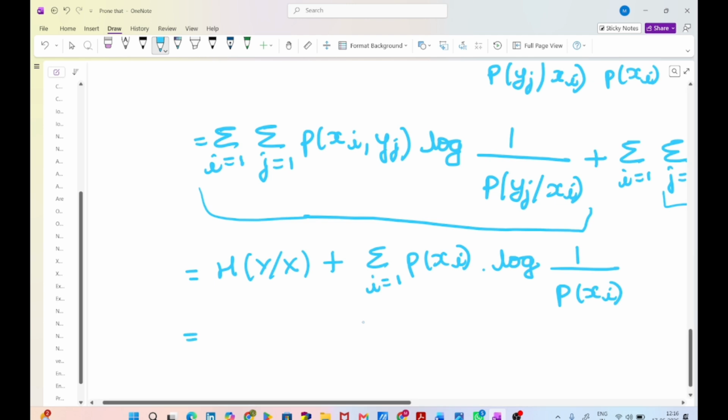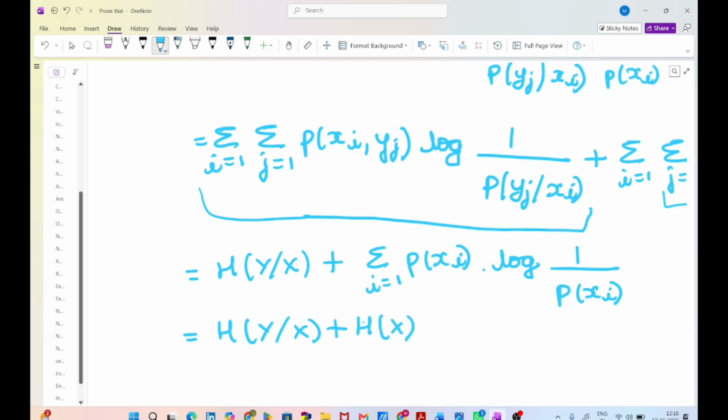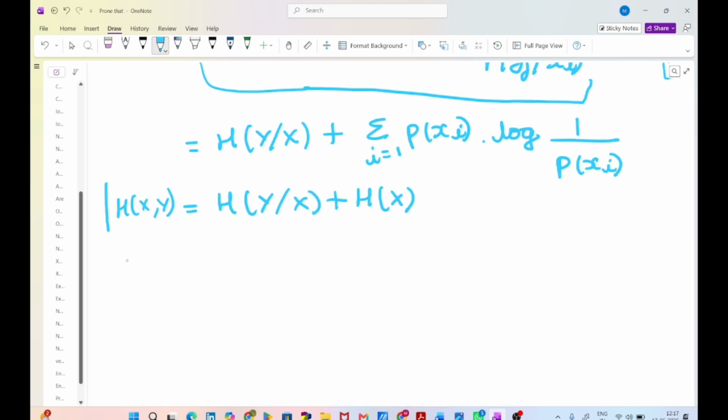Let it be H(Y|X). We know that this can be written as H(X). So H(X,Y) = H(Y|X) + H(X). Let's put a box to it.